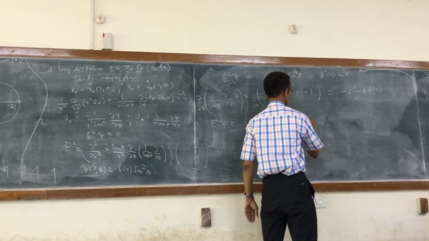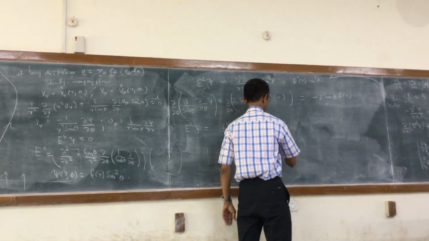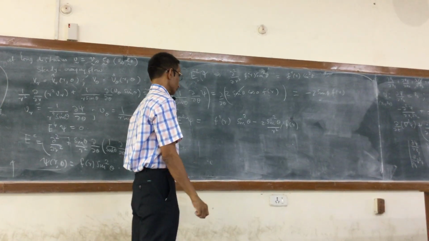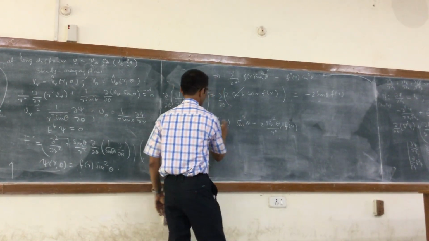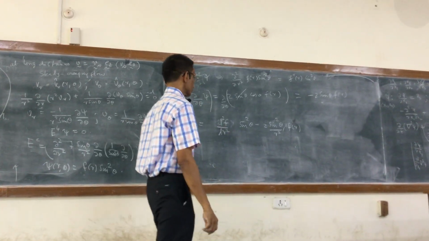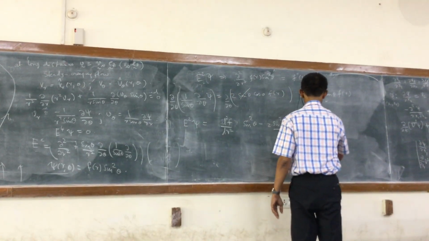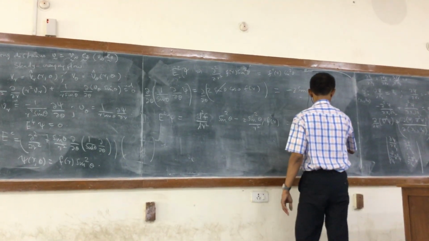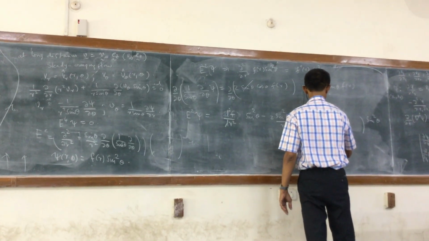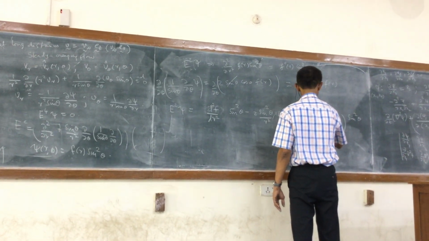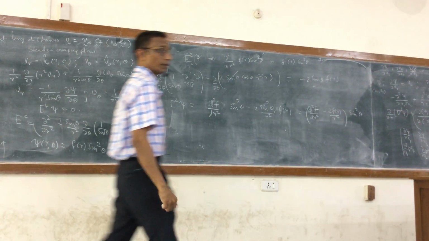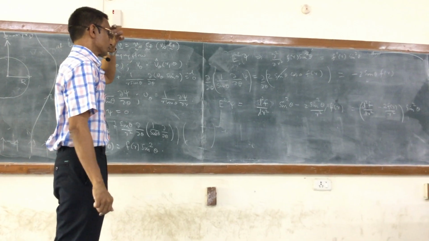That will be minus 2 sine squared theta by r squared f of r. Let me now write it in terms of the derivative explicitly. So sine squared theta can be taken as common: d squared f by dr squared minus 2 f of r by r squared, acting on sine squared theta.